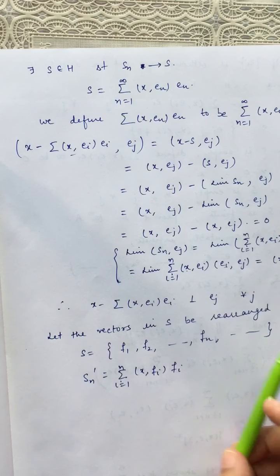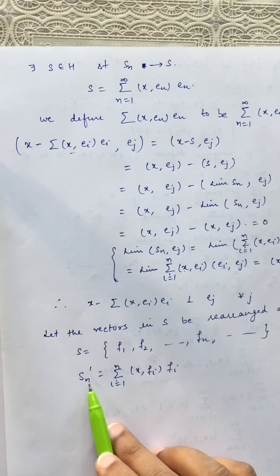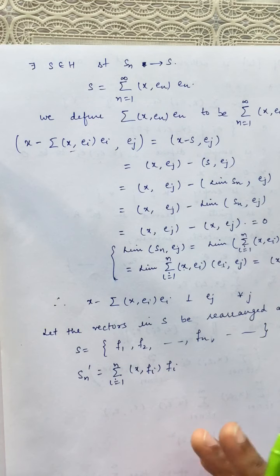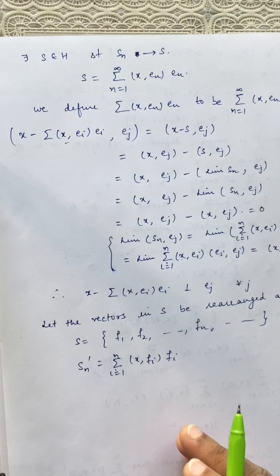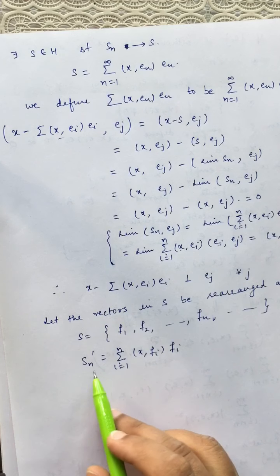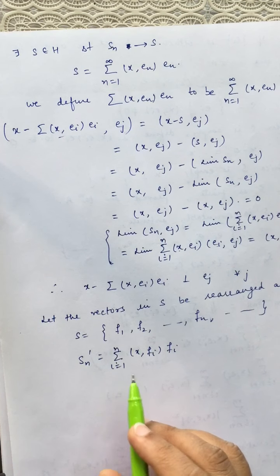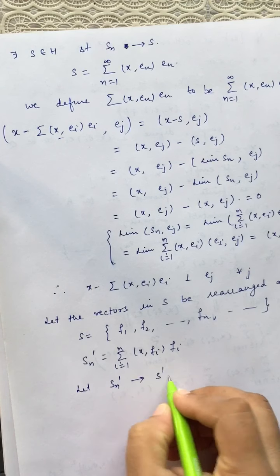So for the above procedure, as we have proved that S_n is a Cauchy sequence, and then there exists some vector S to which the sequence converges because this is a complete space. Similarly we can prove here also that S_n dash is a Cauchy sequence and it will converge to some limit. Let us say S_n dash converges to S dash.